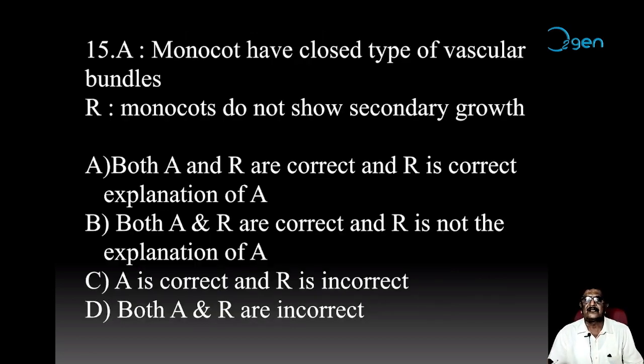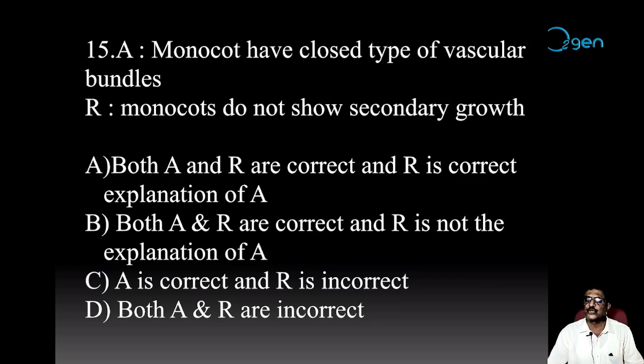15. Statement A or assertion. Monocots have closed type of vascular bundle. Yes, the assertion is correct. Monocots have closed type of vascular bundle because of the absence of the cambium. Reason.